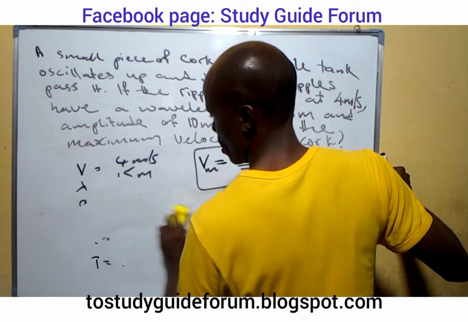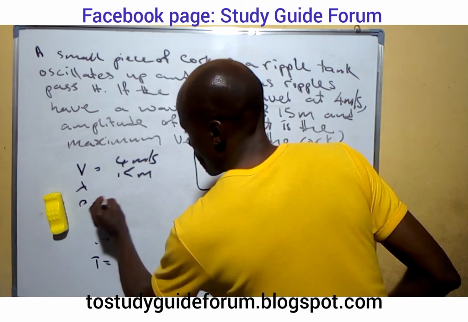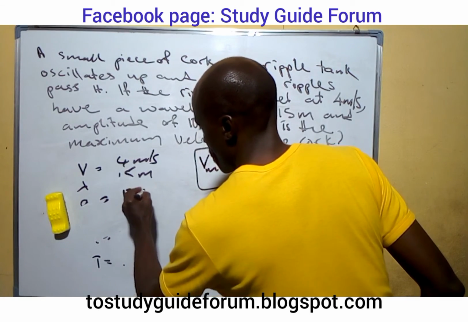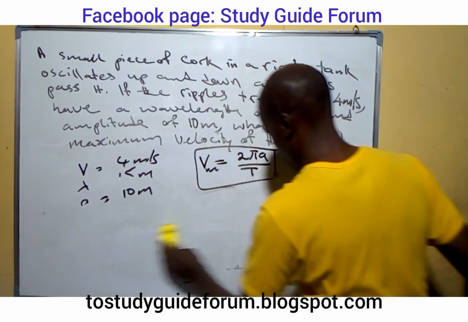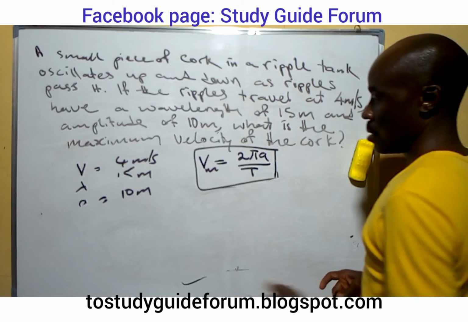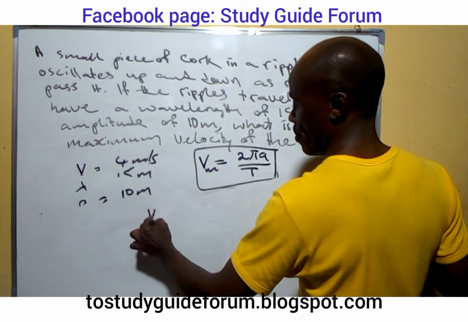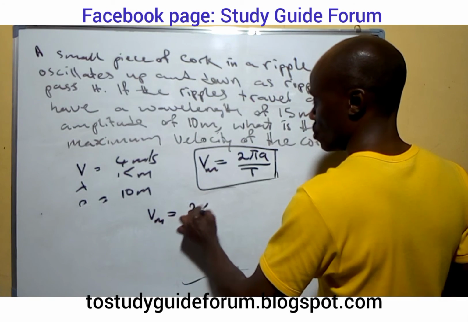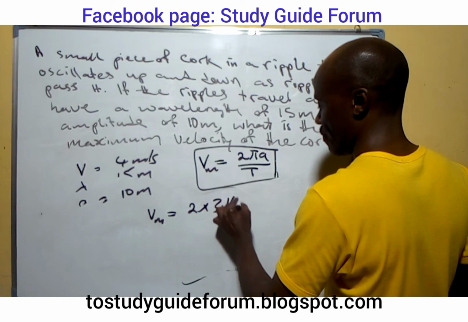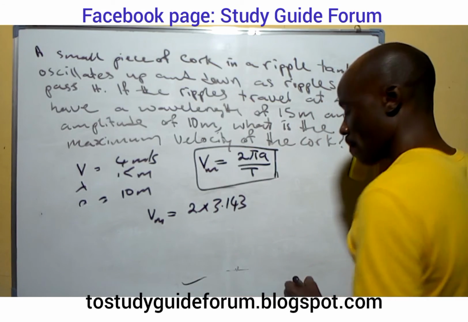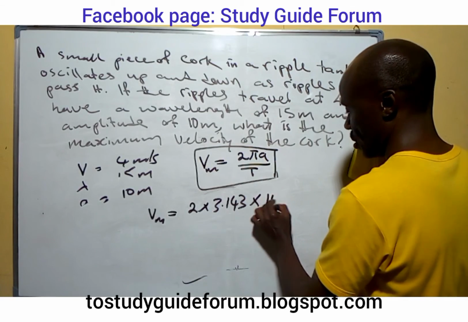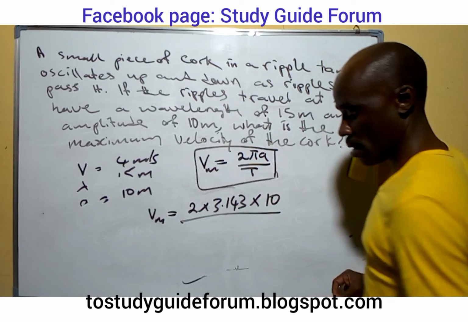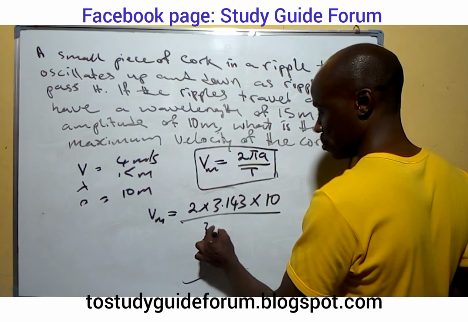The maximum velocity will then be 2 times 3.143 times amplitude, which is 10, all over the period.